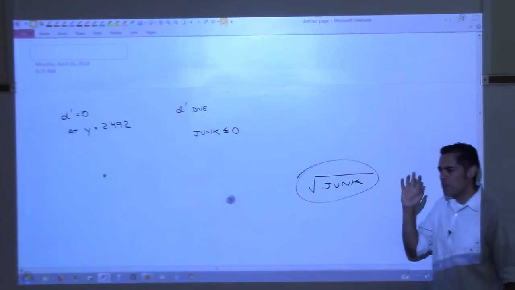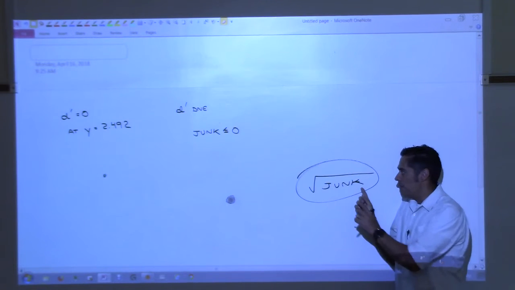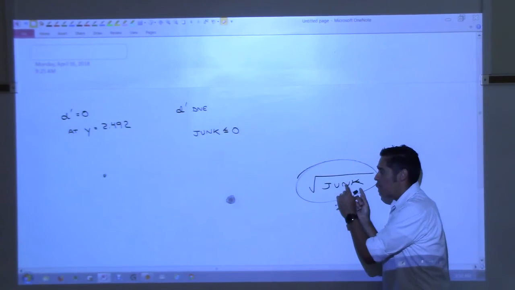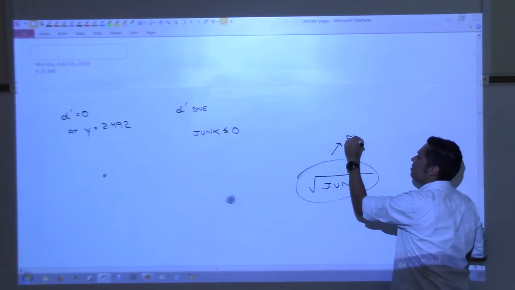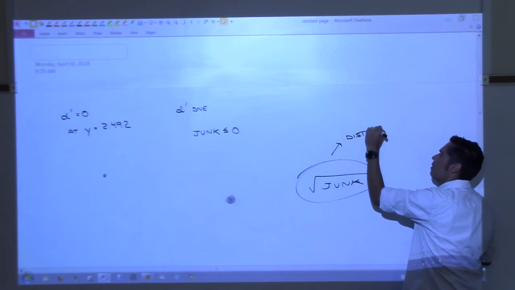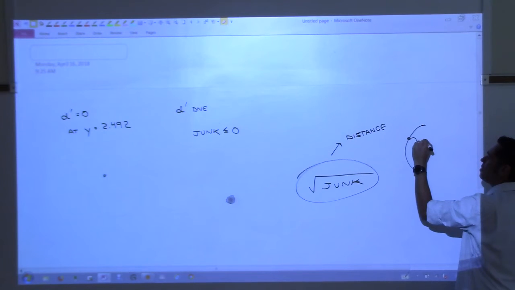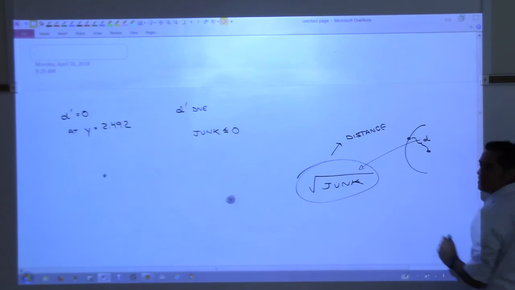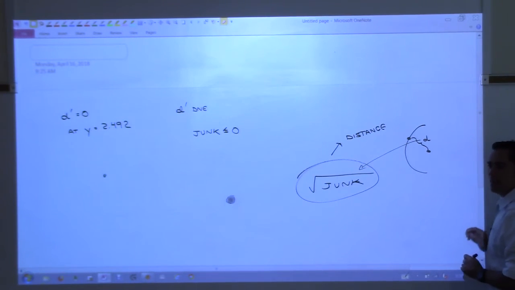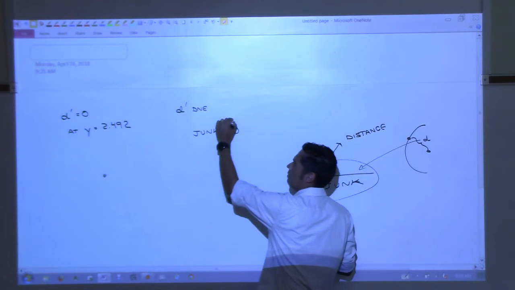So without doing any real analysis, like trying to figure out a domain, if we understand that this is the distance between our parabola and our point, right? This is d, and that is what that is, right? That can't be 0, and it can't be negative, right?